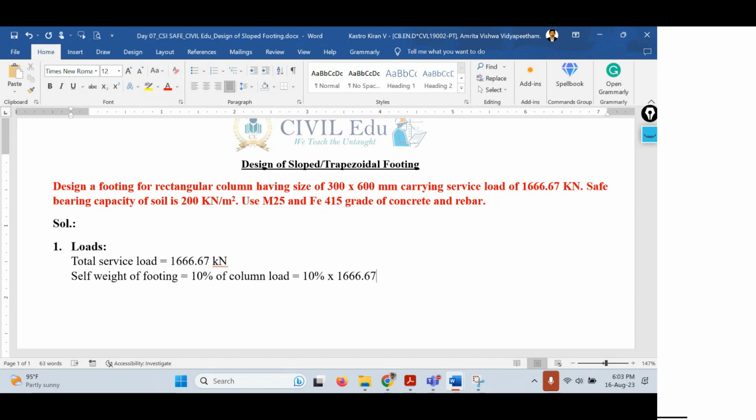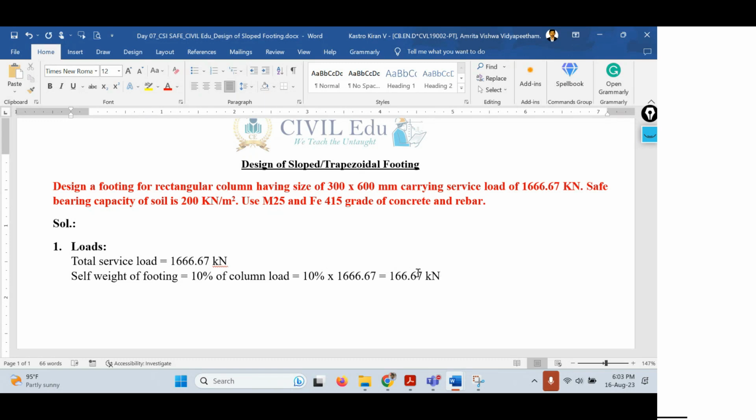166.67. Again, I'm not going into the details of each and every step because we have already discussed those minute details in the previous discussions. That's why I'm directly jumping into the steps. If you get any doubts at any point of time, you can unmute and ask. So 10% of the column load will become 166.67 kilonewtons.